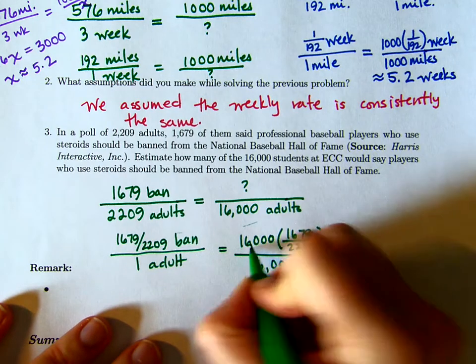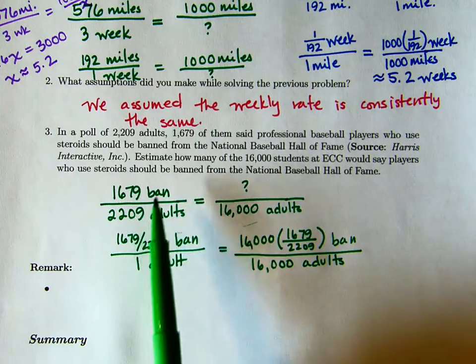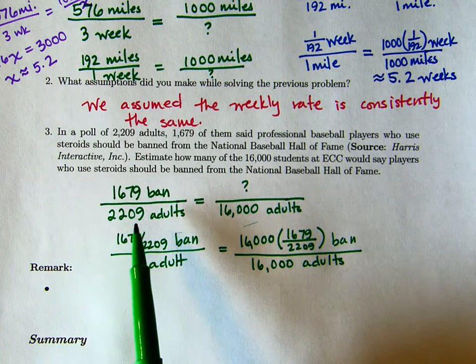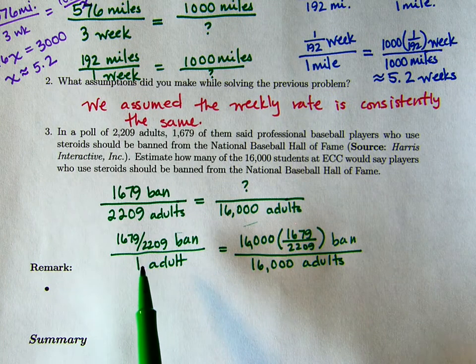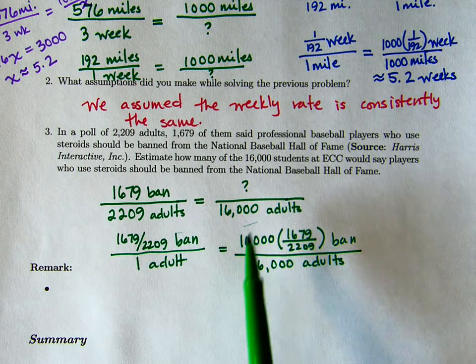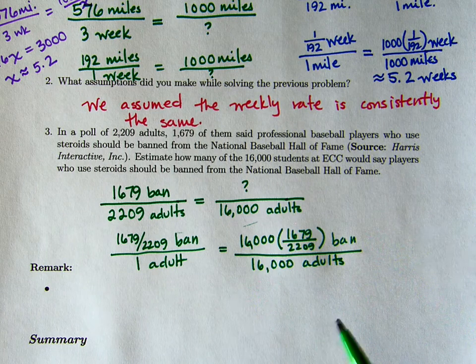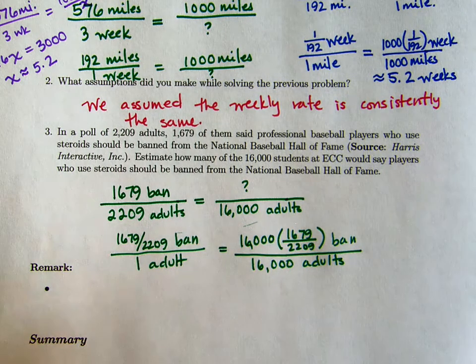Okay, so just so that you see what I'm doing, right? Scale it down by 2,209 adults, and then scale it up by 16,000 adults that are ECC students. And let's see what we end up with here.